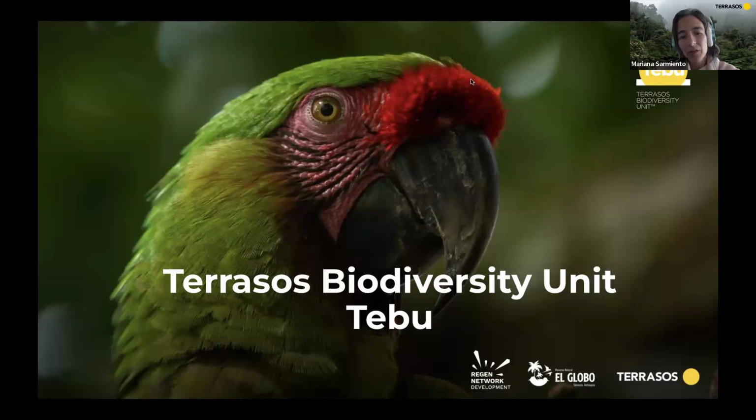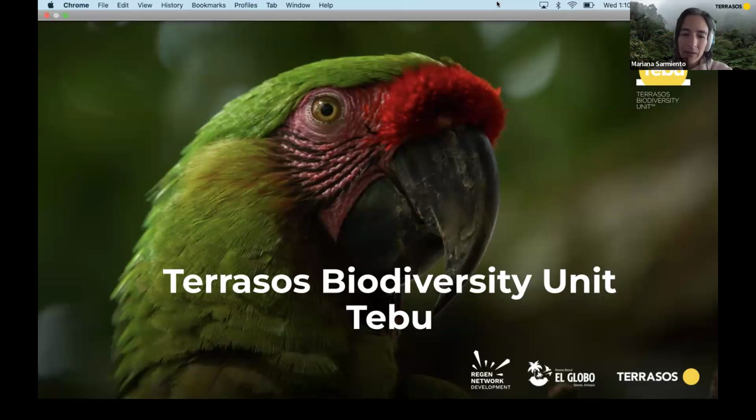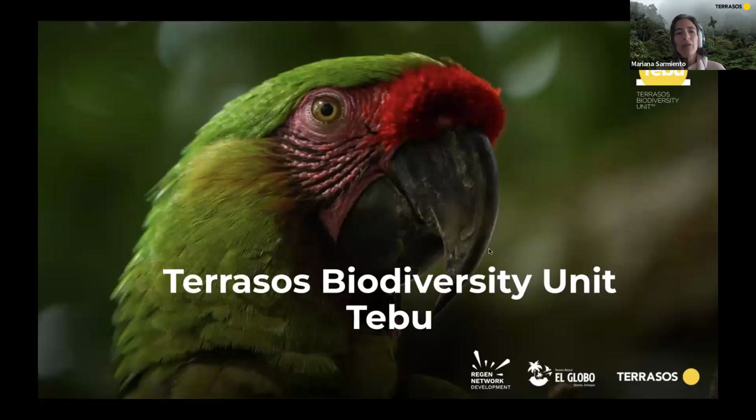We have been pioneers in the creation of habitat banks in Colombia and Latin America, and then evolved to doing work in biodiversity credits, not just thinking about compliance markets, but also thinking about voluntary markets.